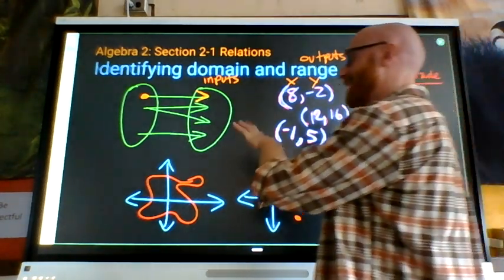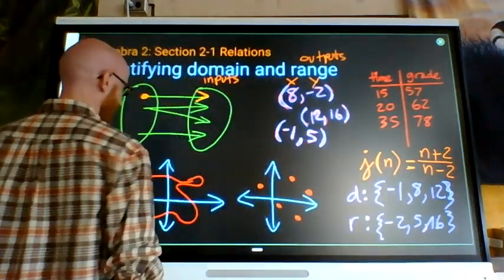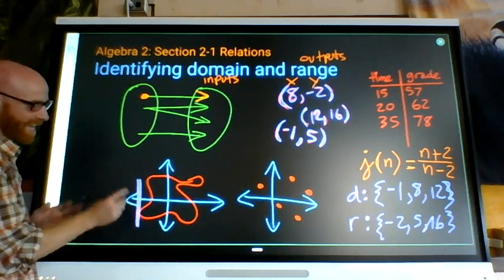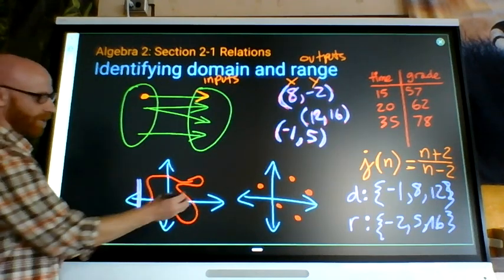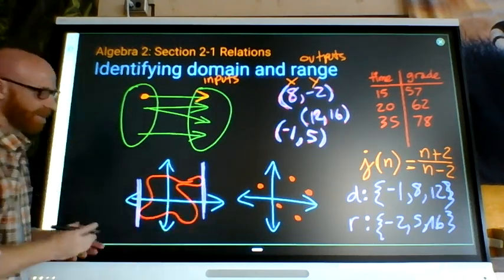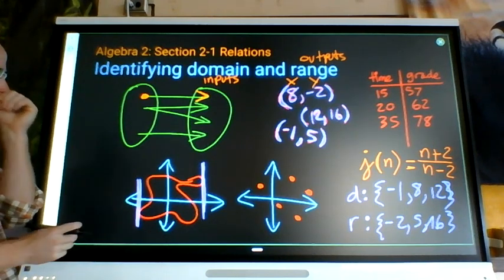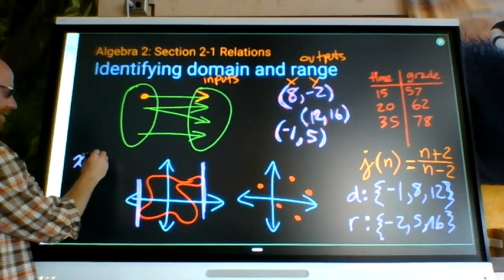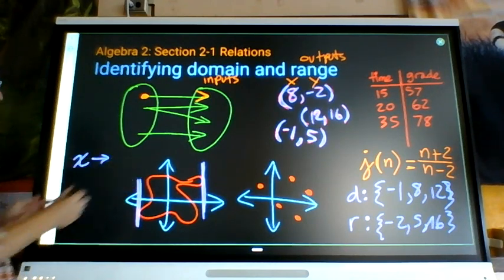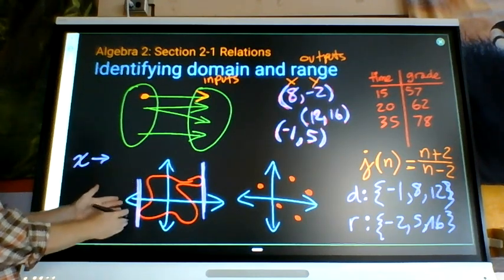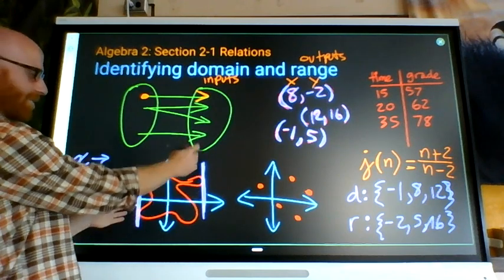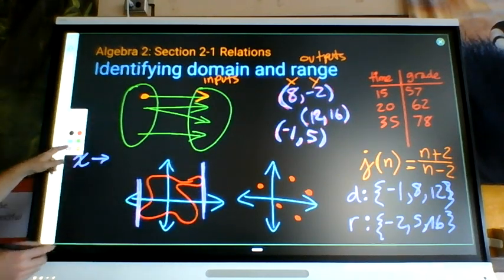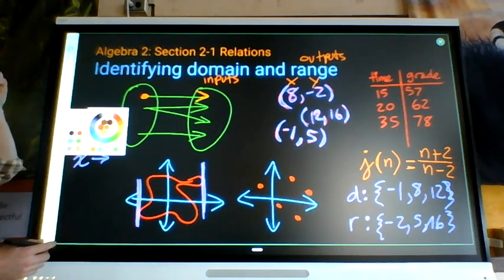If I have continuous data, then for domain I'm going to look at what is the leftmost edge, what is the rightmost edge of my data, and I'm going to say that X goes from something to something. So from negative 8 to positive 12, okay? And for my Y values, same kind of thing.